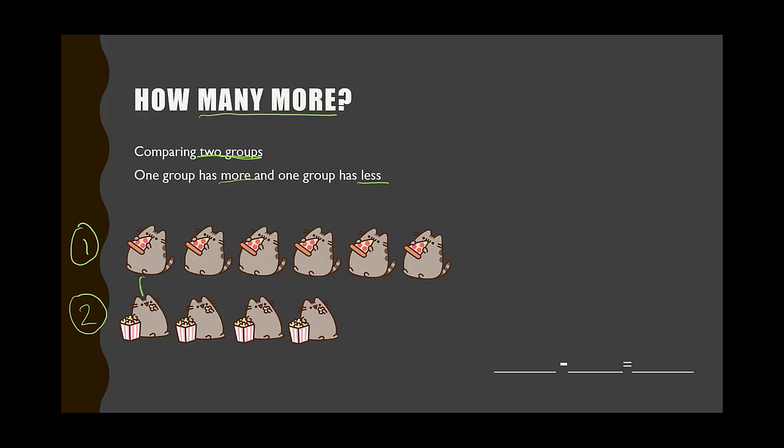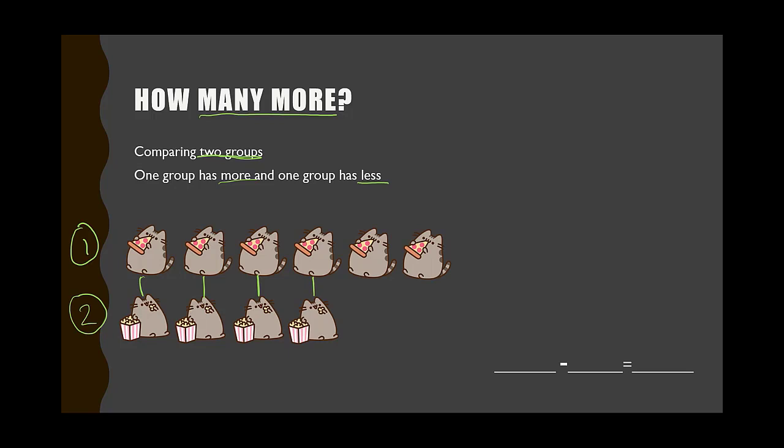So we have one pair here, one pair here, one pair here, one pair here, and uh-oh, we ran out of cats eating popcorn. So because I can't make any more pairs and there are cats with pizza left over, the cats with pizza must have more in their group.